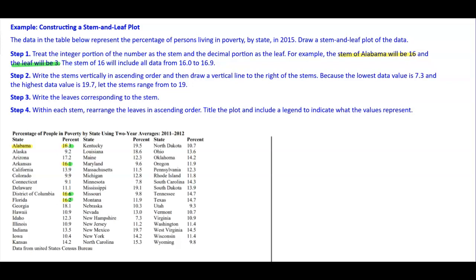In step 2, you write the stems vertically in ascending order and then draw a vertical line to the right of the stems.